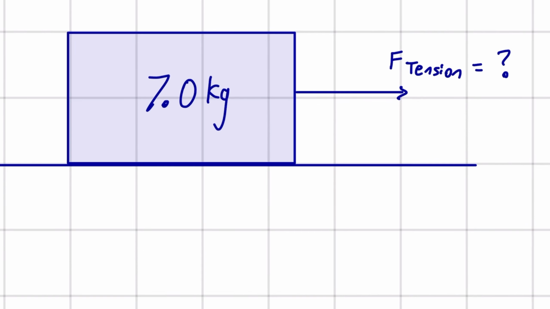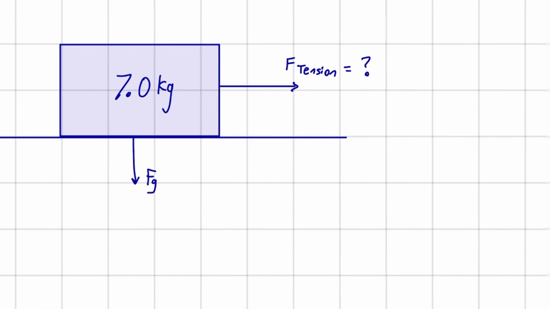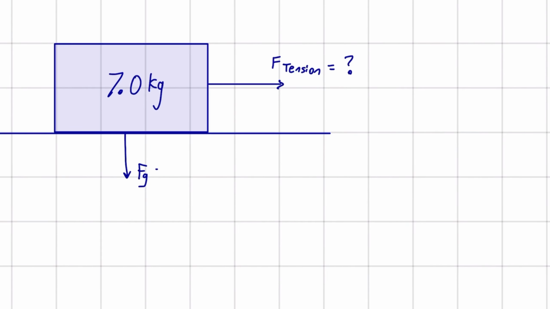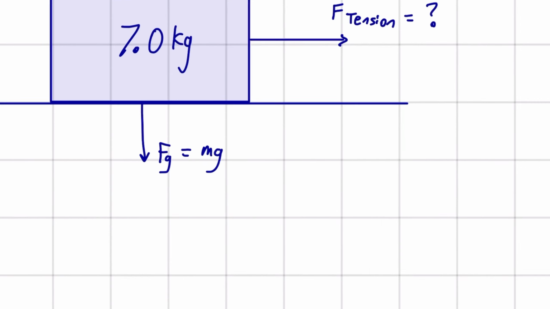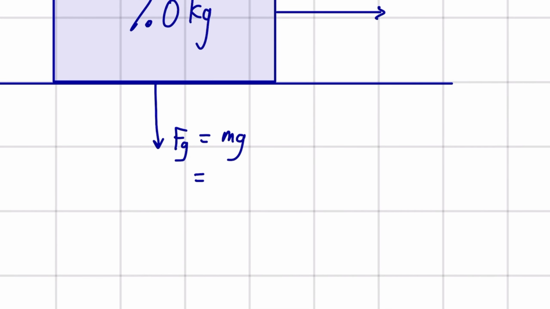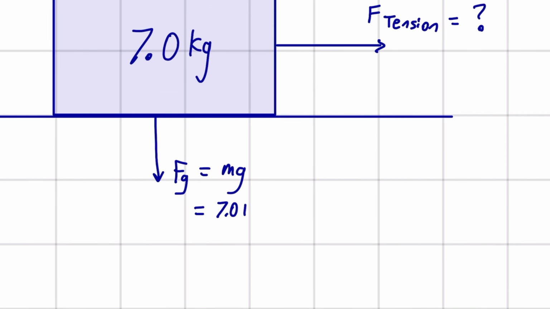Now let's look at some information we do know. Fg. So the force of gravity pulling straight down is equal to mg. And we know both of these values. We know that m is 7 kilograms and g is 9.81 meters per second squared.